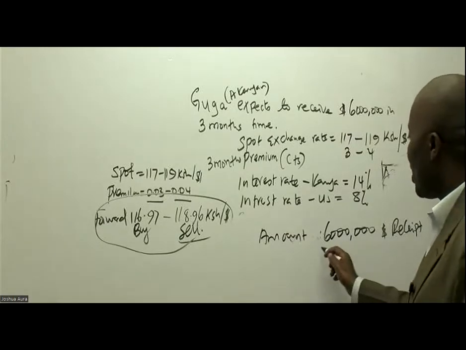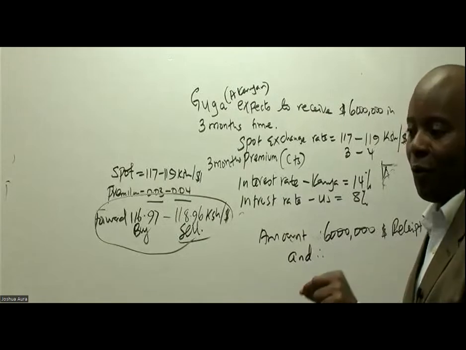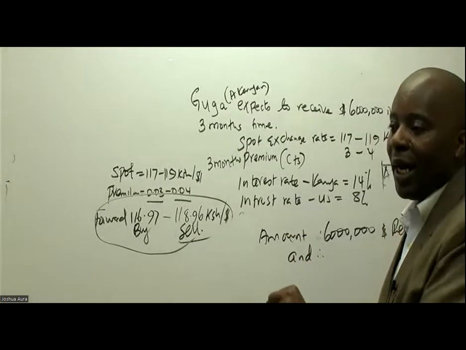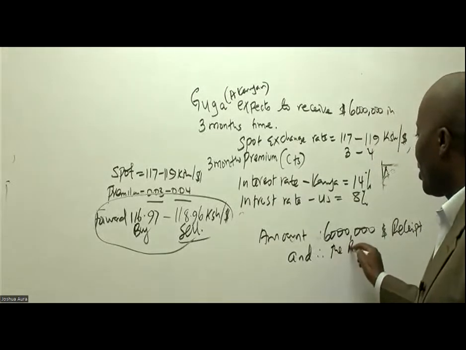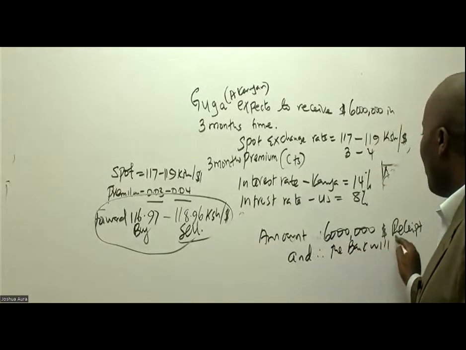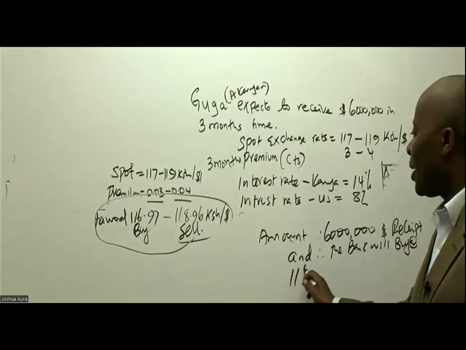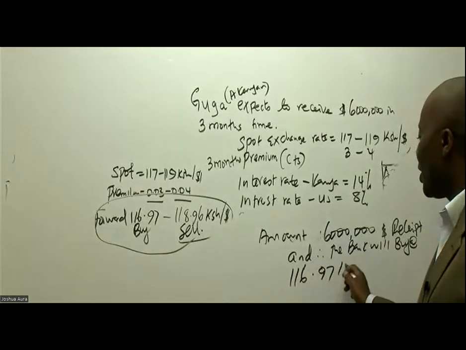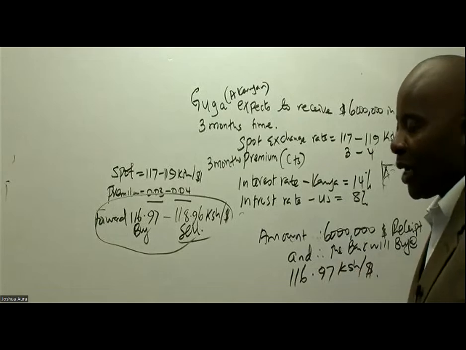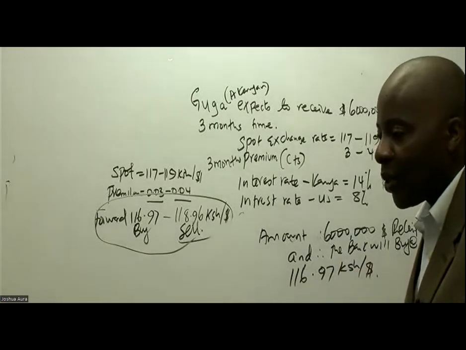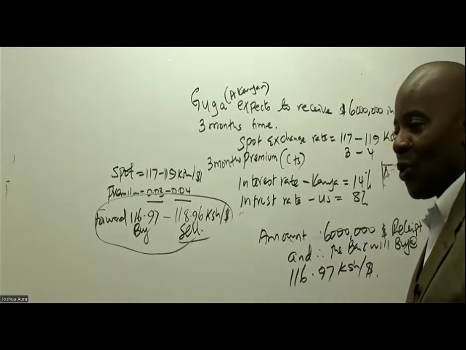And therefore, we know that if it's a receipt, the bank will buy, at what rate? At 116.97 Kenya shillings per dollar.